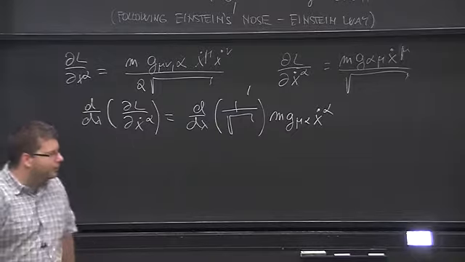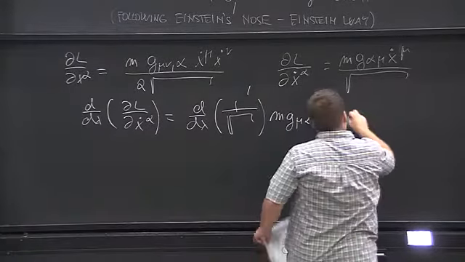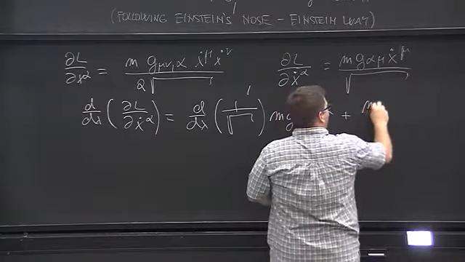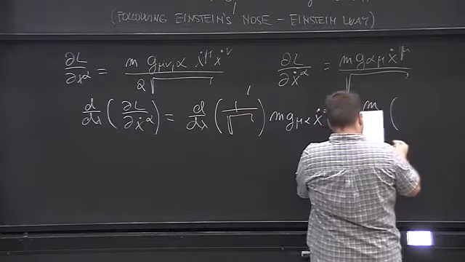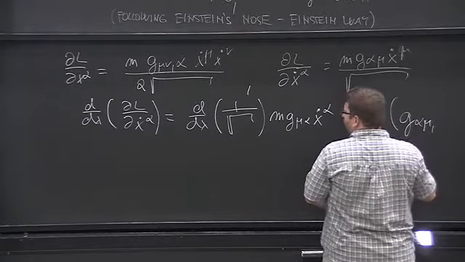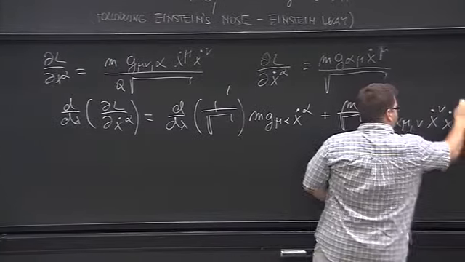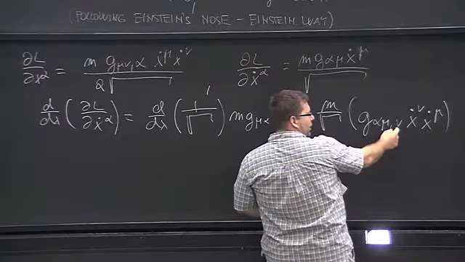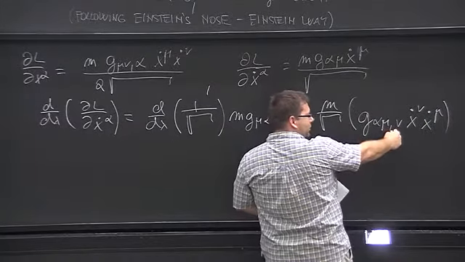Then I differentiate the metric g, so it's plus m over the square root, and then the derivative of g alpha mu with respect to x nu, x dot nu x dot mu. So the time derivative of my metric is just the derivative of the metric with respect to the coordinate, times the time derivative of the coordinate, x dot mu.